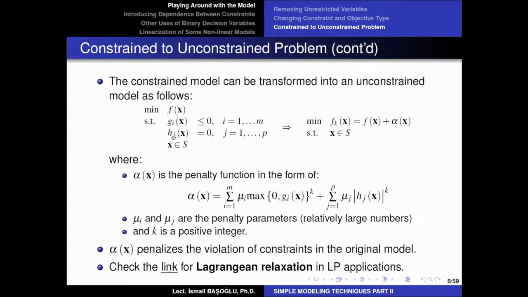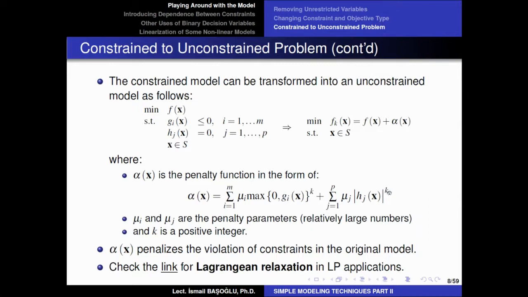Now, whenever the left-hand side is different from the right-hand side, these constraints will be violated. Therefore, the absolute value of h_j(x) will represent the violation amount. So whether negative or positive, it doesn't matter. When we take the absolute value of that function, it is going to be the violation amount of the constraint.